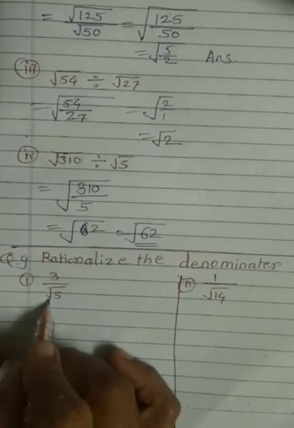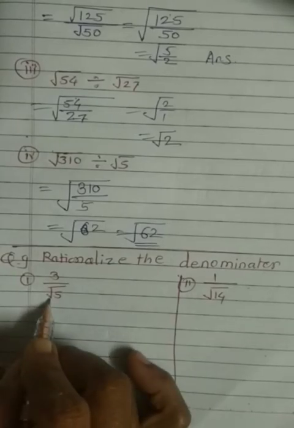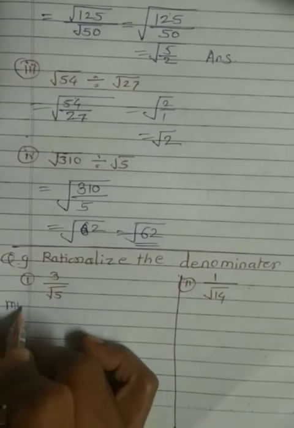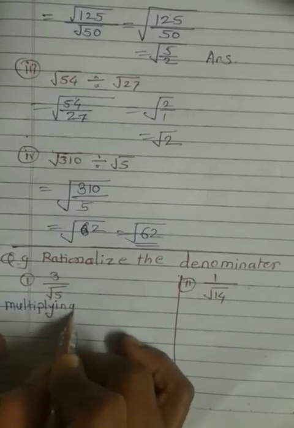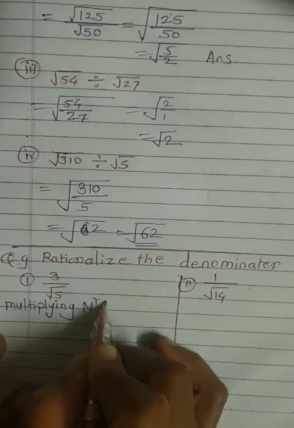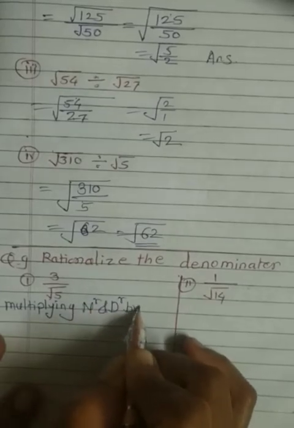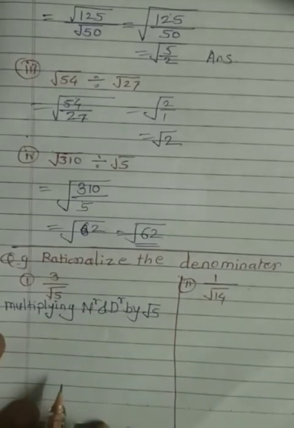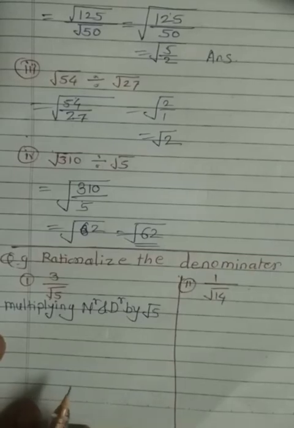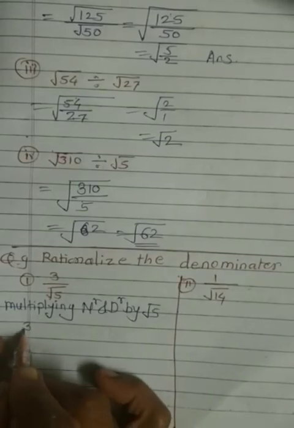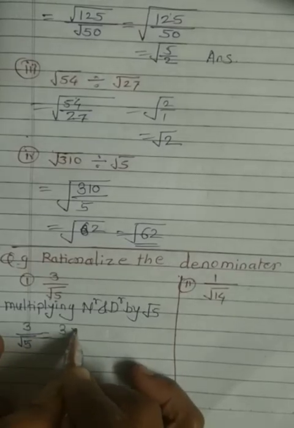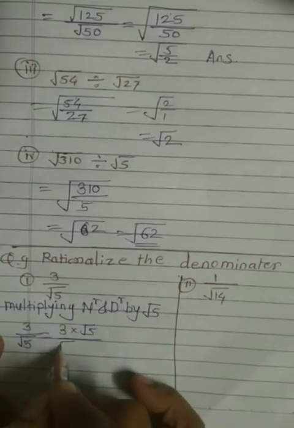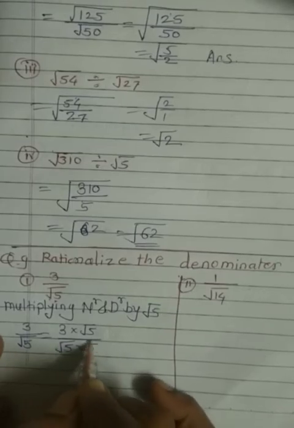Its rationalizing factor is root 5, so we multiply both numerator and denominator by root 5, because we do not want to change its value.